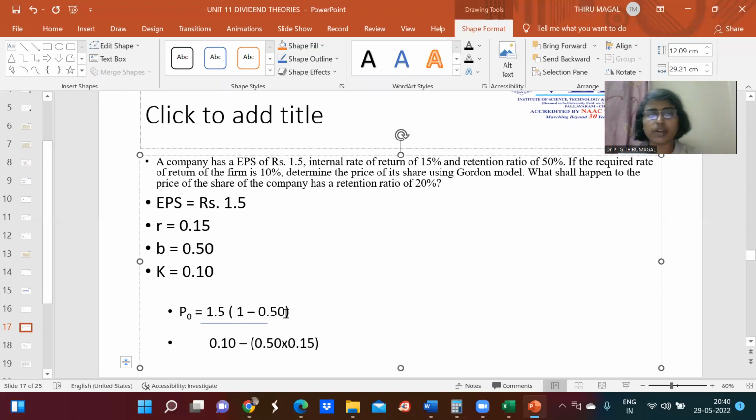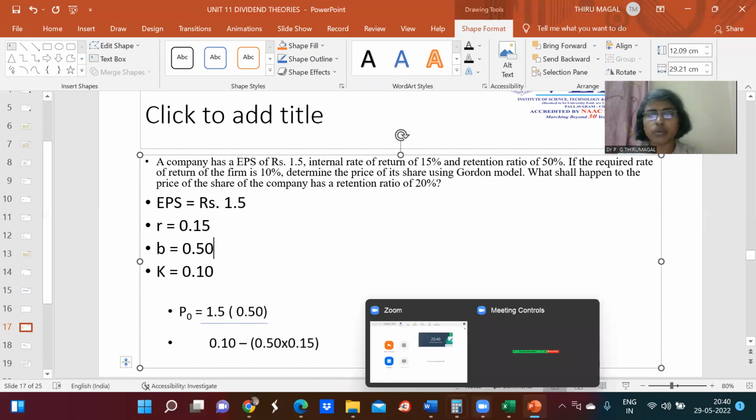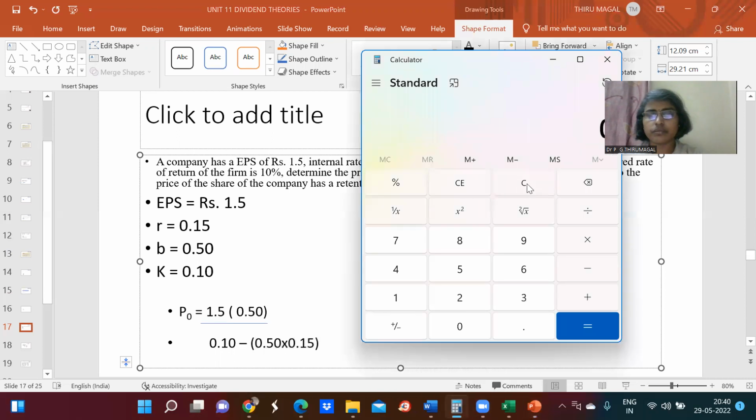Now we need to simplify as in the previous problems. We'll keep 1.5 as it is. 1 minus 0.5 is again 0.50, divided by this 0.10, which we'll keep as it is, minus 0.50 multiplied with 0.15. 0.50 multiplied with 0.15, the value is 0.075.